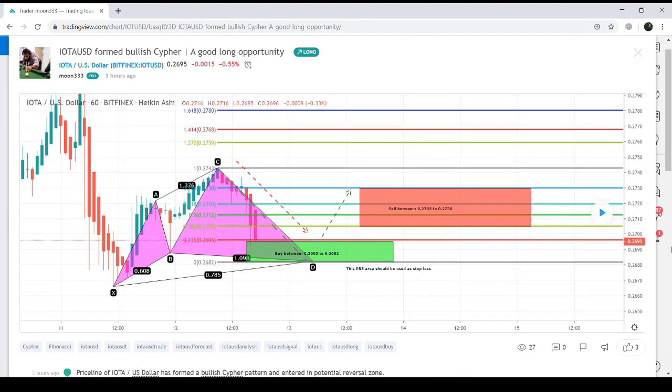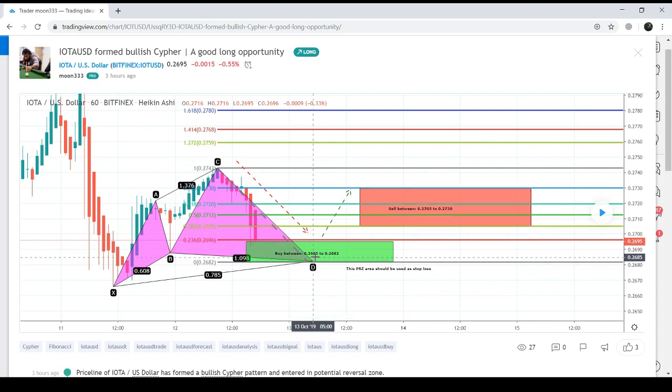Our final and last altcoin for today is IOTA US dollar, and on this trade you can see the price action has completed the bullish cypher pattern. After the initial leg, the A to B leg is retraced between 0.382 up to 0.618 Fibonacci as required for the A to B leg of the bullish cypher pattern, and the B to C leg is retraced between 1.272 up to 1.414 Fibonacci, and the C to D leg is retraced between 0.618 up to 0.786 Fibonacci.